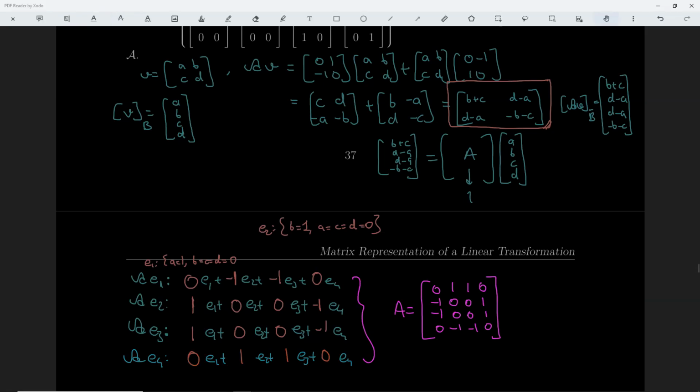You can verify this if you replace this A matrix over here.